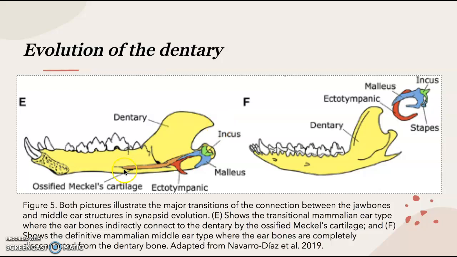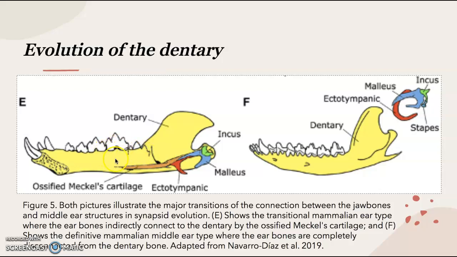Figure 5E is again showing ossified Meckel's cartilage, which the malleus is attached to its posterior part through the ossification, and again the incus is also linked to the malleus.